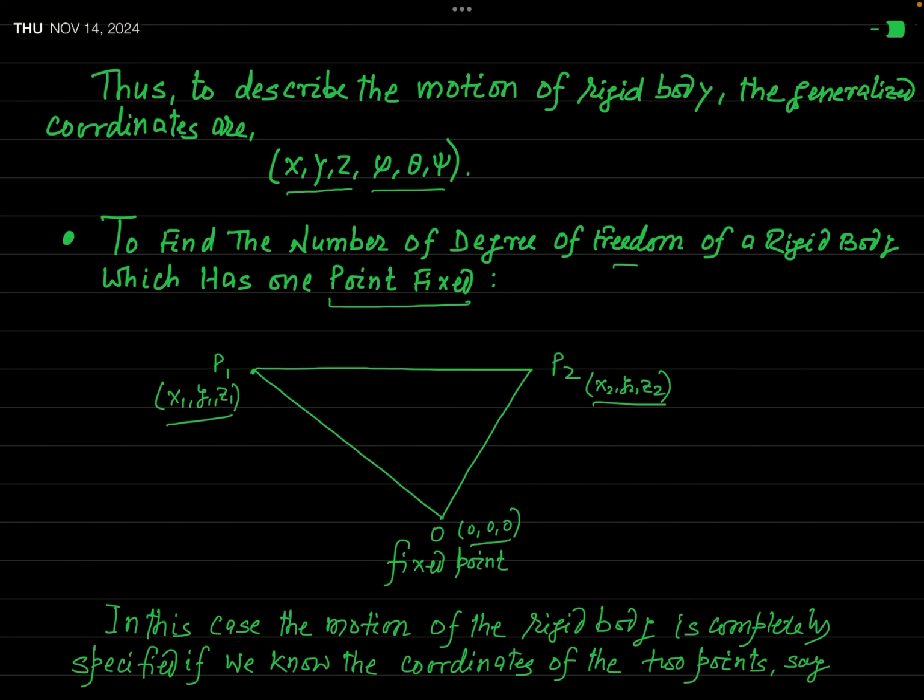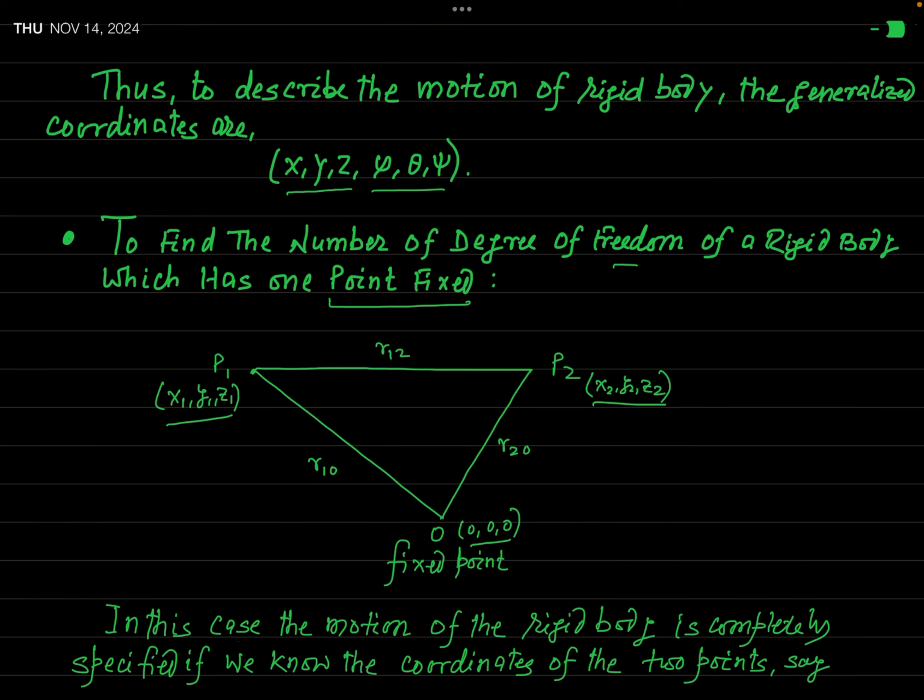So its coordinates has been shown 0, 0 and 0. Okay. So in this case, you can see if you say that the distance of particle P1 from this origin or from this fixed point is R1O. Okay. And the distance of P2 is R2O. And distance between P1 and P2 is R12.